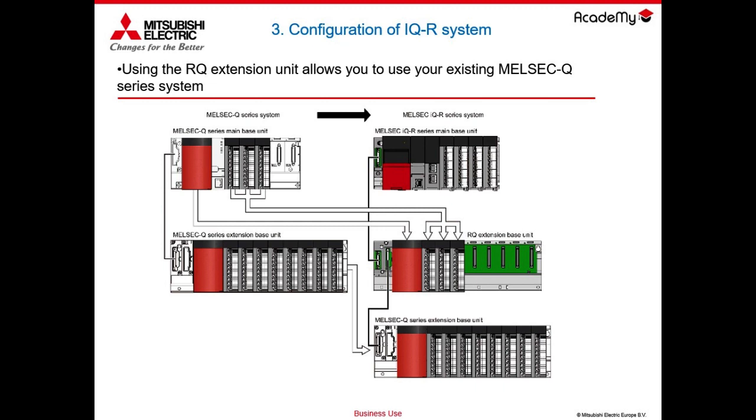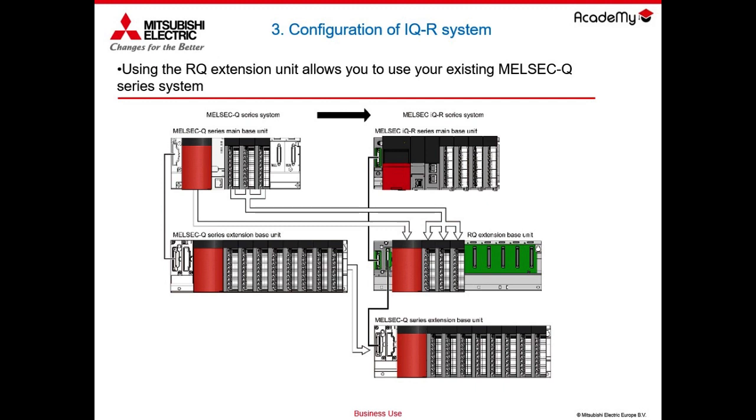Starting from a Q system, a hardware migration to an R system must be made. This R system will be mounted on a main base unit, because we have said that the PLC can exclusively live within the main unit, not on the extension, and on this rack we will eventually place other modules of the iQ-R series.